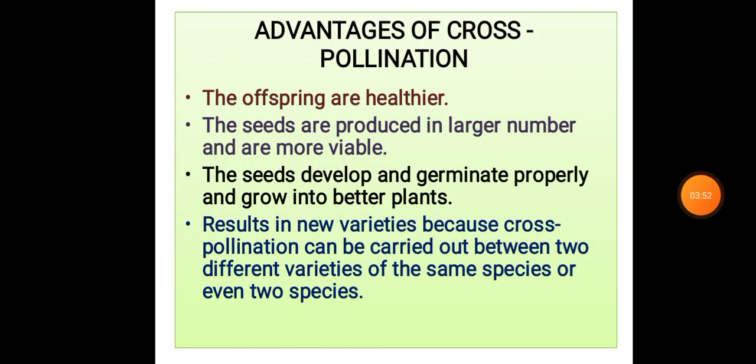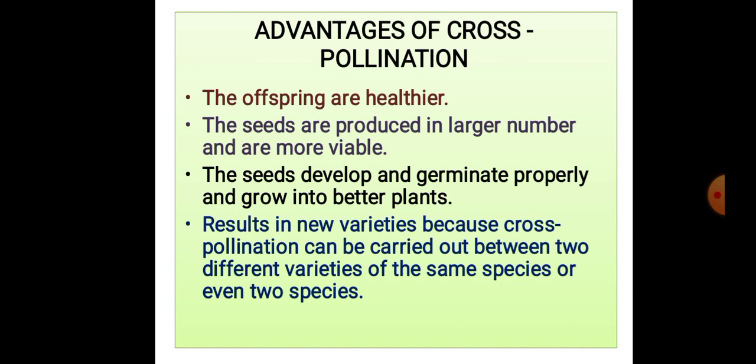Then, what are the advantages of cross pollination? The offsprings are healthier. Whatever newly formed offsprings, they are healthier. The seeds are produced in large number and are more viable, means they can sustain for a long time.